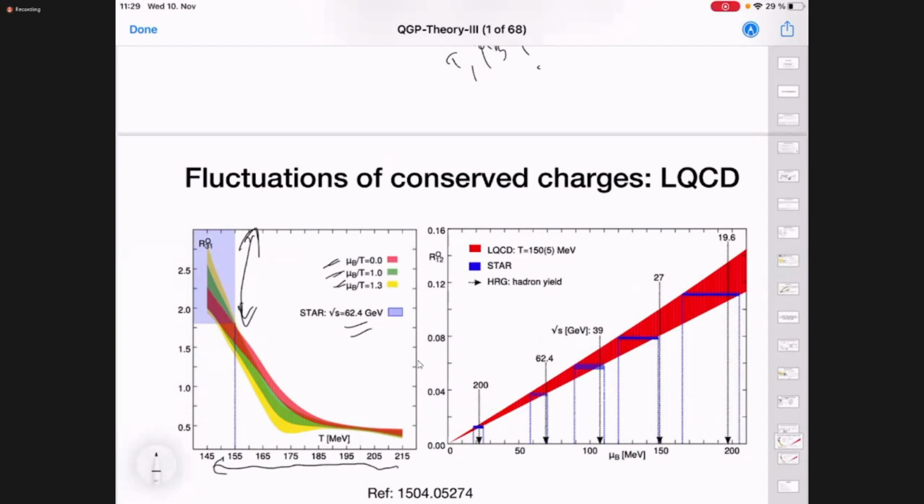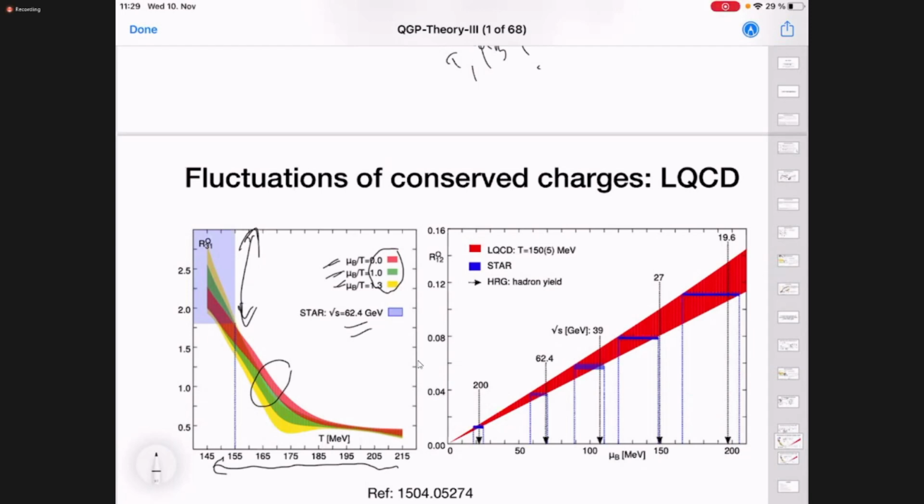at different mu_B by T. What we first notice is that all these different mu_B by T seem to fall on each other, which means that this is quite insensitive to the mu_B by T that you use.